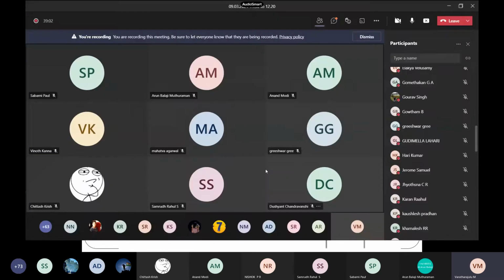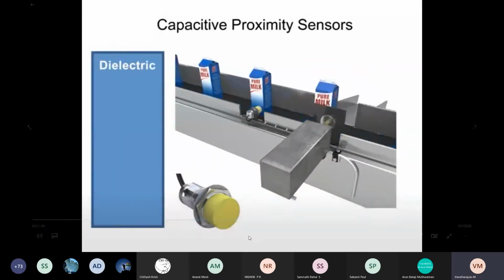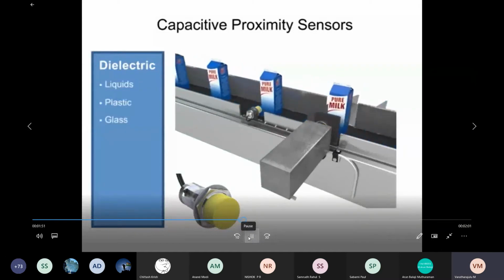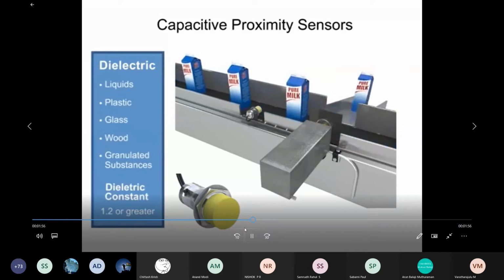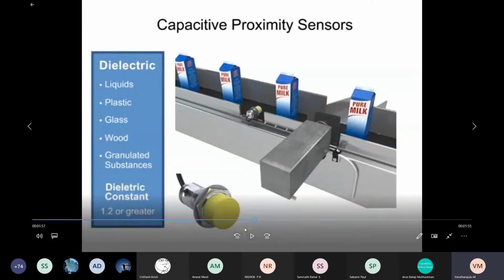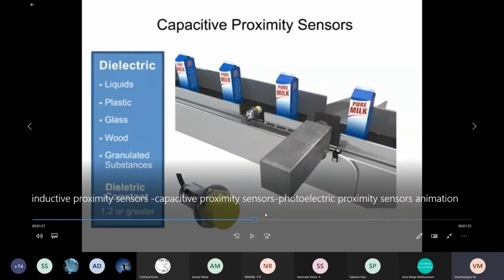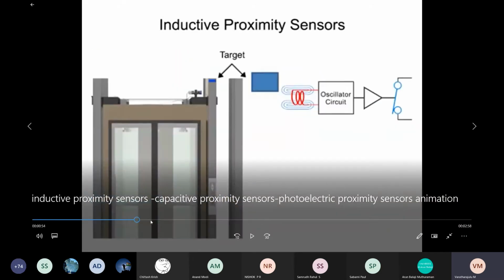Liquid. Yes, when it has a dielectric constant greater than or equal to 1.2, that can be measured by capacitive proximity sensors. And concerning the inductive proximity sensors, this is the picture related to them.